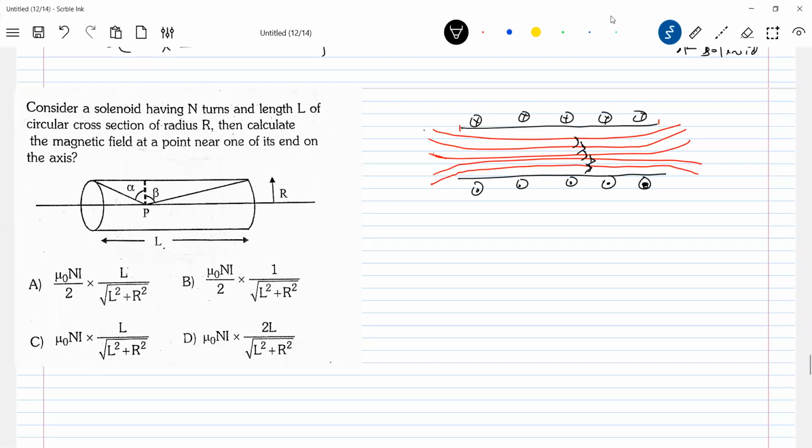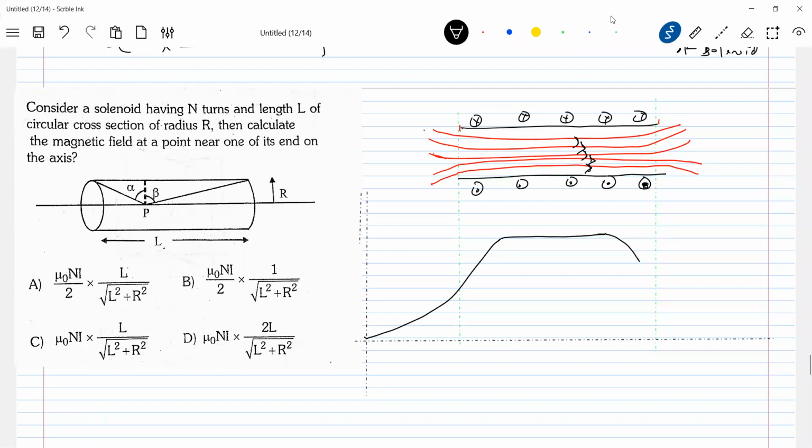In the middle region, if I plot the variation of the graph of B bar, somewhere in this region we take it to be constant.